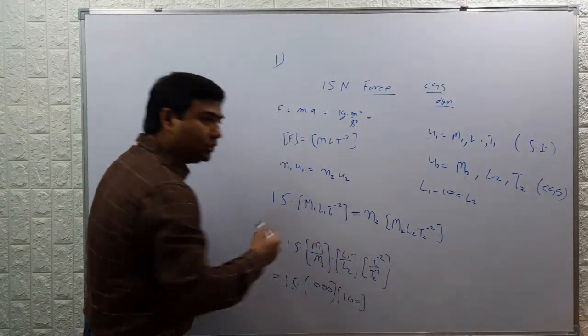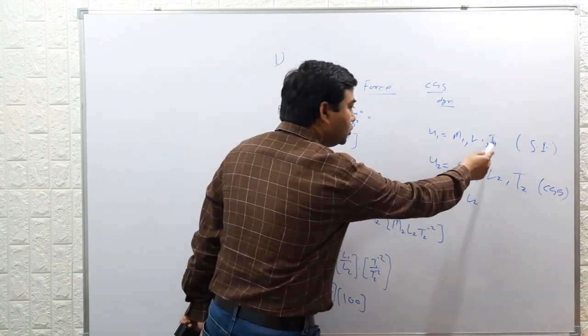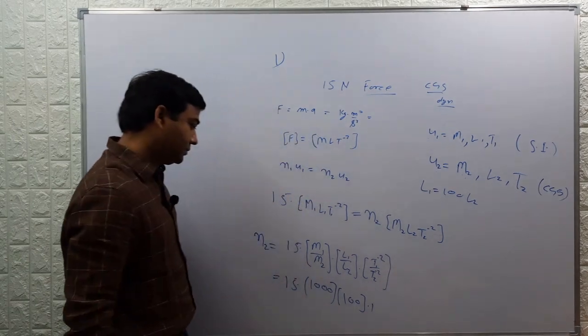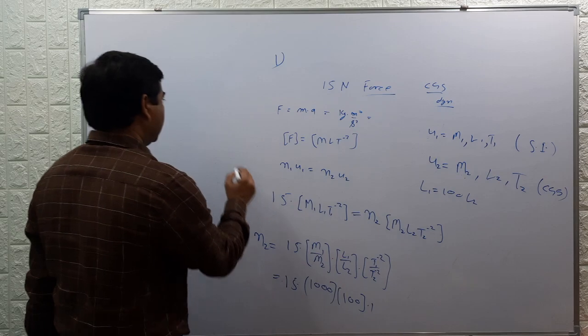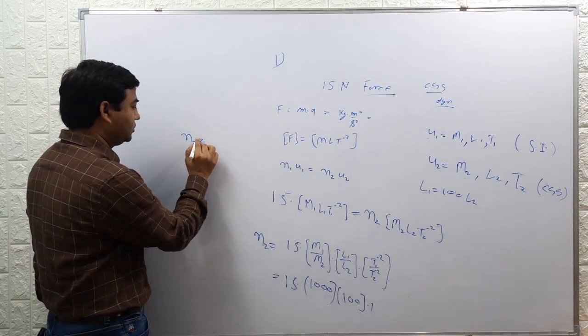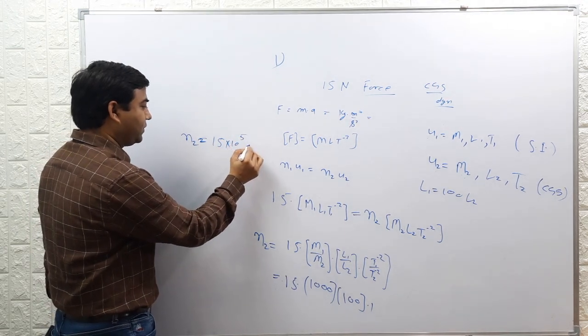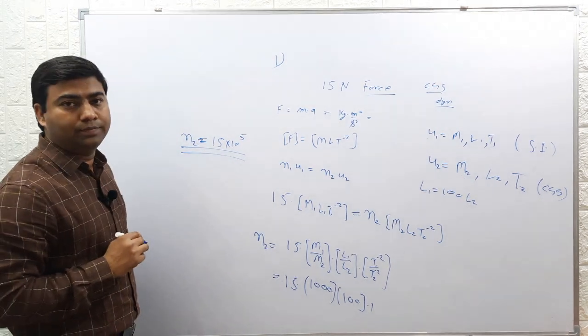Now T1 and T2, these both are second, because in both systems the unit of time is second. So it will be 1. So I can write N2 is equal to 15 into 10 to power 5. That is the value of N2.